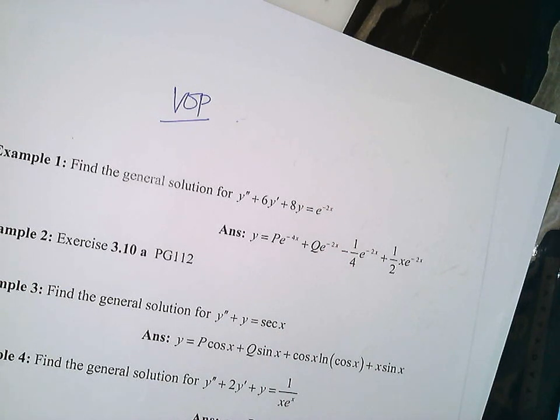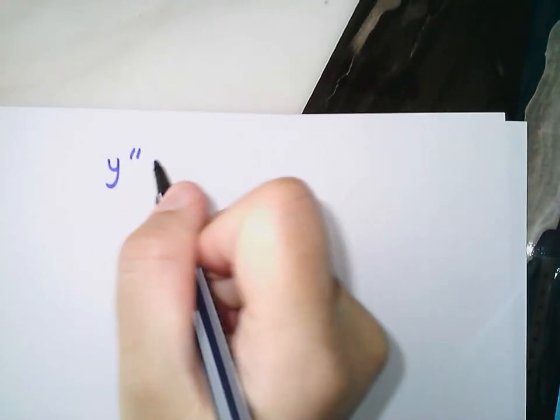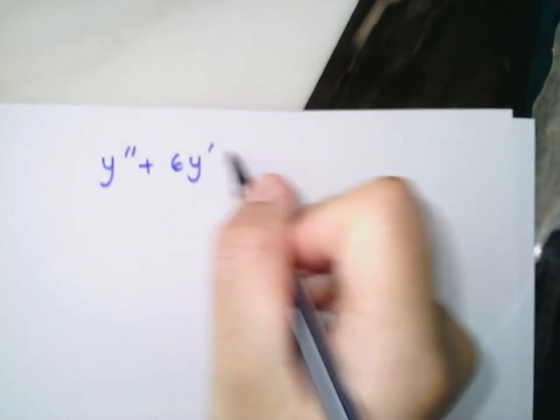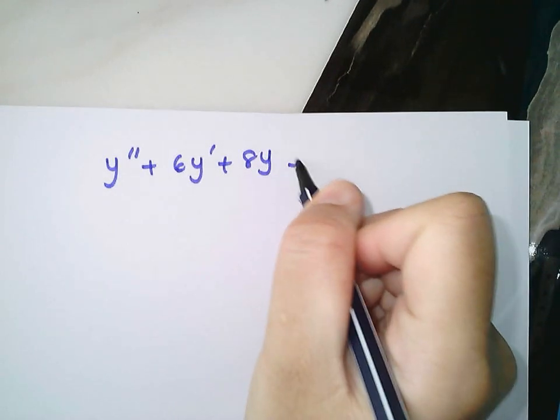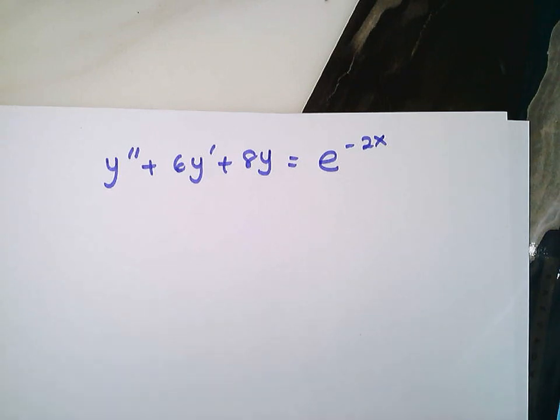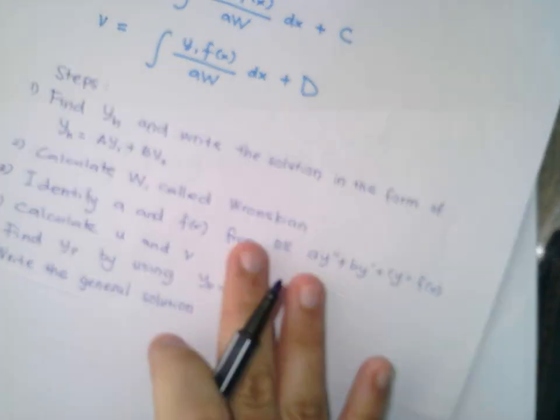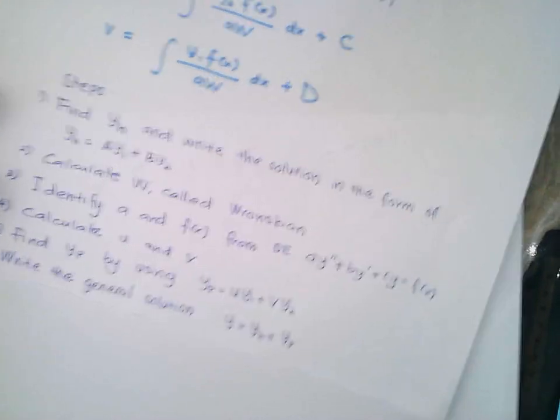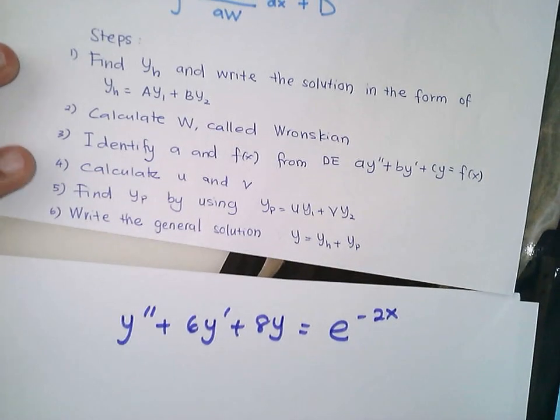So let's proceed. I copy back the question, y double prime plus 6y prime plus 8y equals e to the negative 2x. Let's refer to these steps to guide us.